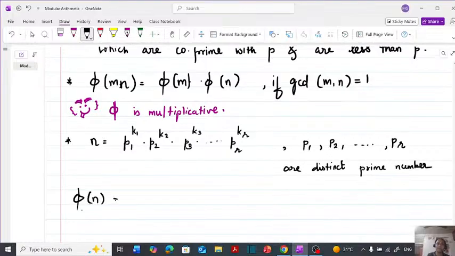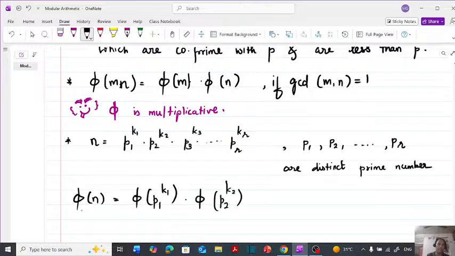Phi n in that case is going to be phi of p1 power k1, phi of p2 power k2, and so on up to phi of pr power kr. Okay, this is how it is going to be.